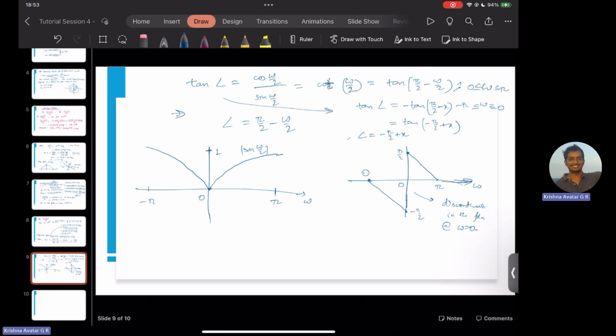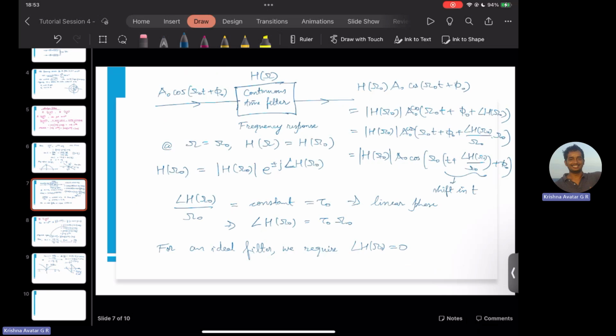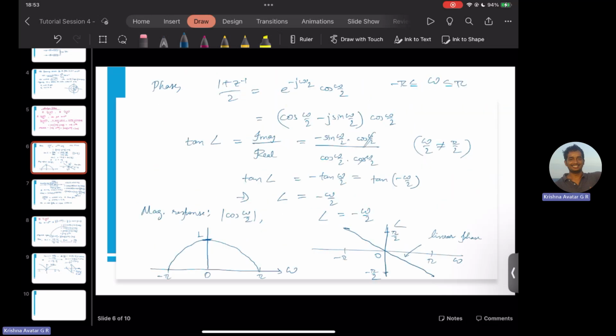Taking a look at both these magnitude diagrams, in this magnitude it so happens that it tries to pass all the lower frequencies. However, towards the higher frequencies, it tries to attenuate the signal. So to a certain degree, it's trying to mimic a low pass filter, not perfectly.